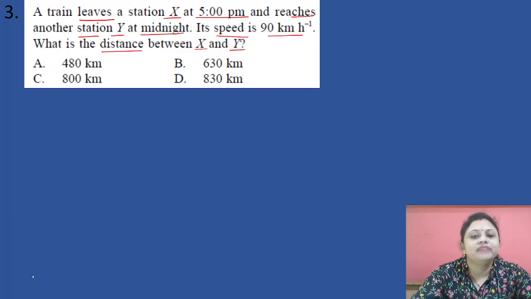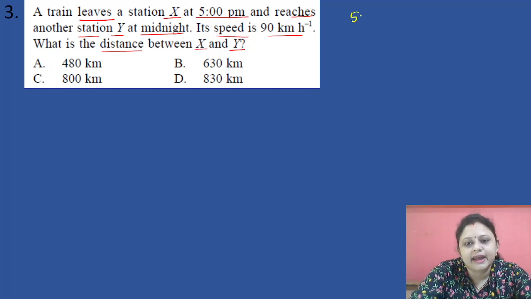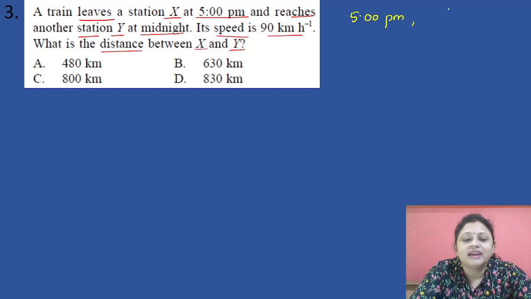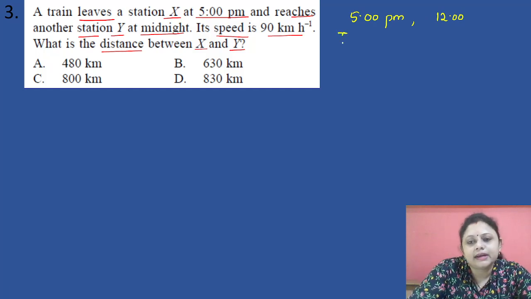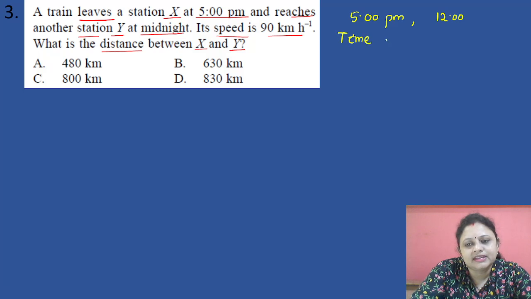Okay, so the train is leaving the station at 5 p.m. and reaching another station Y at midnight, that is 12 o'clock. So what is the time taken? The time taken is equal to 7 hours, right?